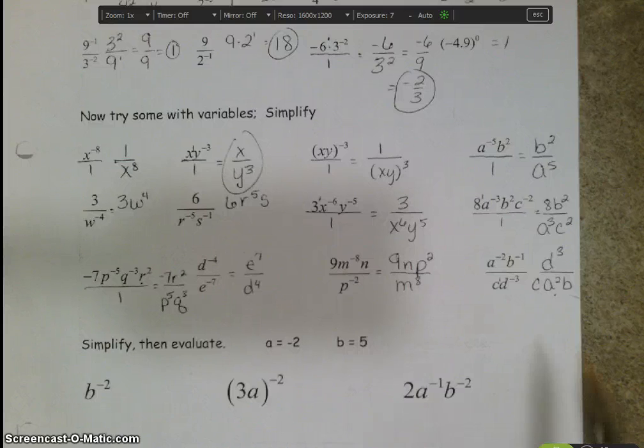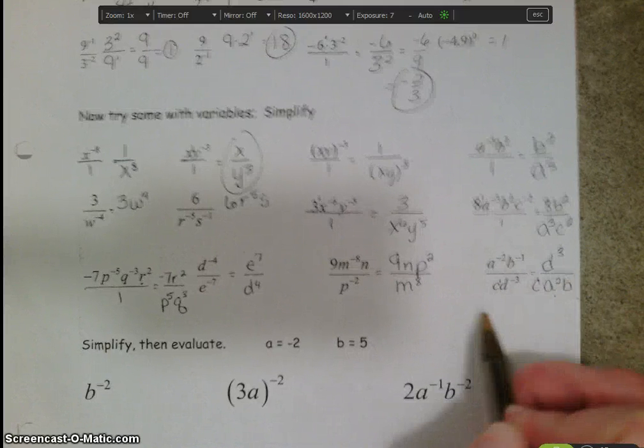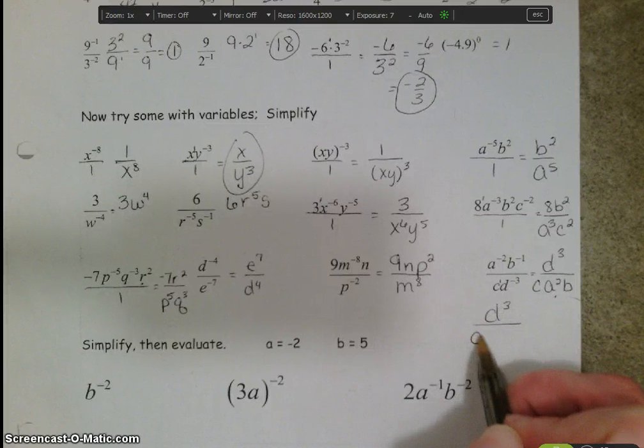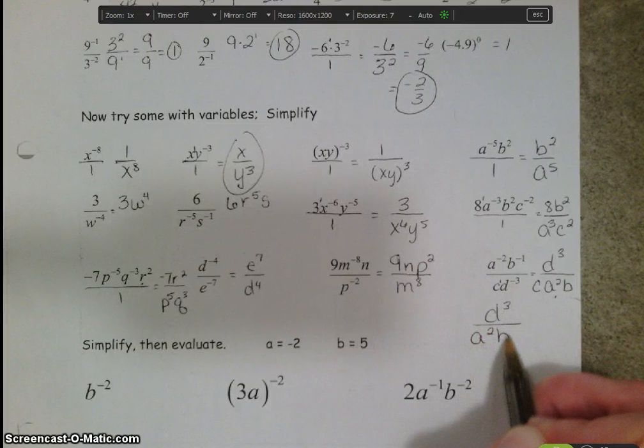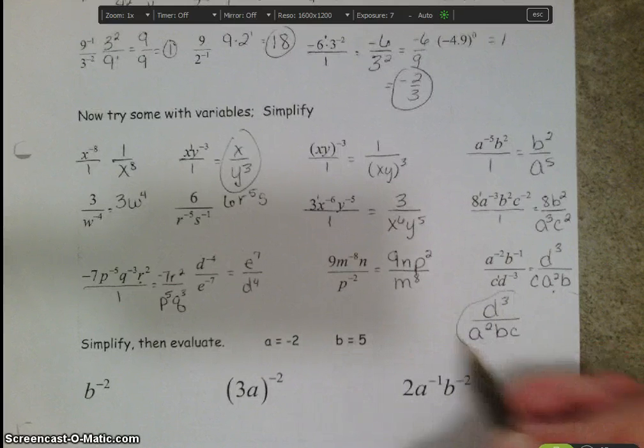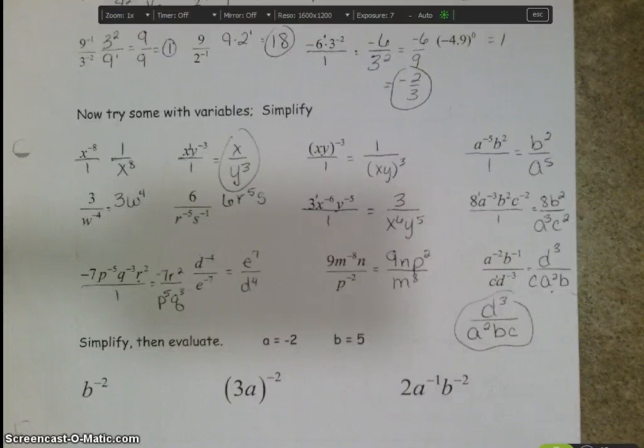So I'll actually take this last answer and I'm going to rewrite the bottom in alphabetical order. So A squared, B to the 1st, C. I am not picky though. It doesn't matter if you write them like that for me or not. It's the same thing. We're going to save the simplify, then evaluate.